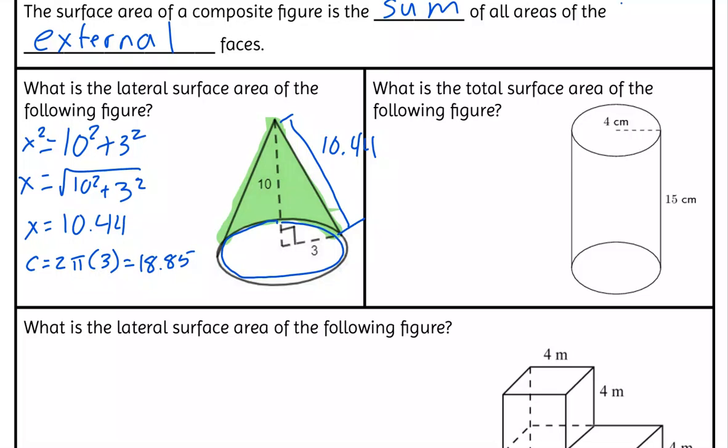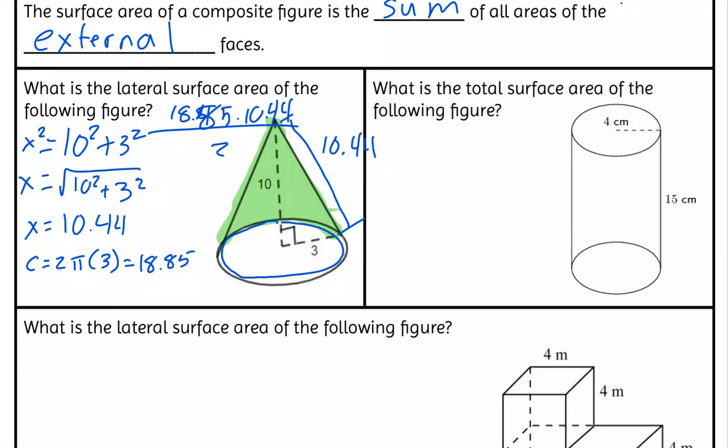And now that I have a base for my triangle and a height for my triangle, we're just going to do the area formula for a triangle. So base 18.85 times 10.44 divided by 2. So base times height divided by 2.